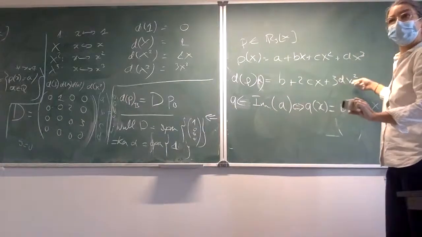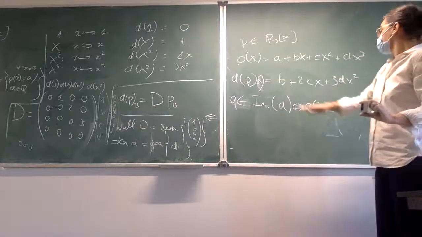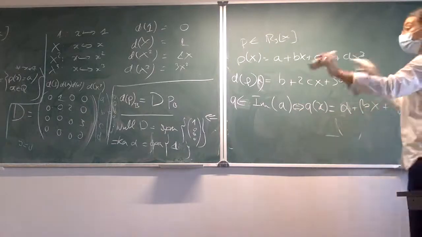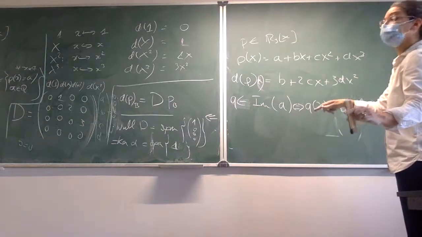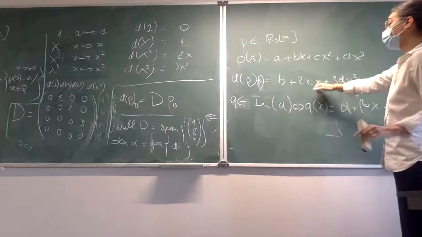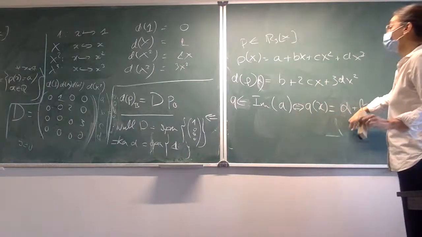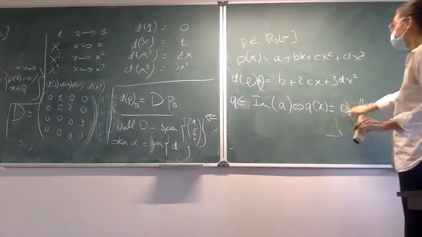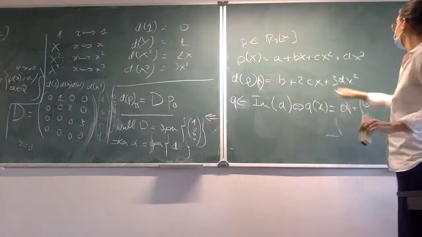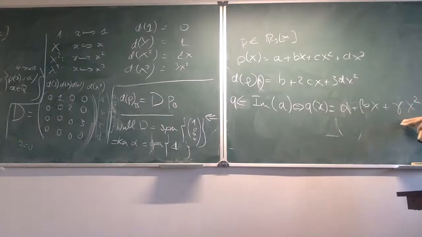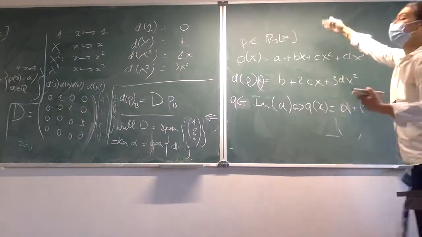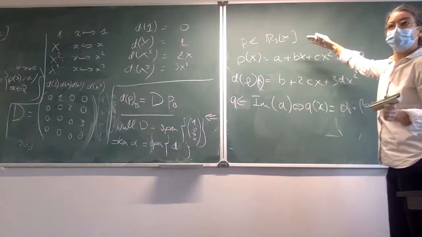If I just work on the linear map, I see that if I've got anything that is written like this, I can find one polynomial in R3[x] that will give me this image. It would be the one where b is equal to that one, c is equal to half of this, and d is equal to 1/3 of that. So if I am given something like this, I can find one of the pre-images.